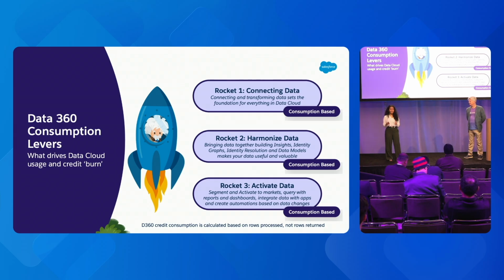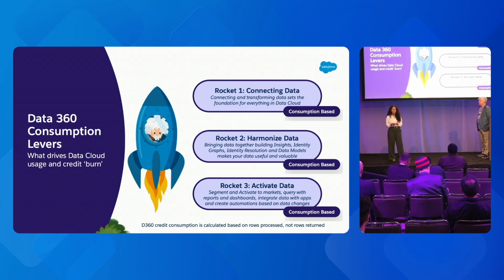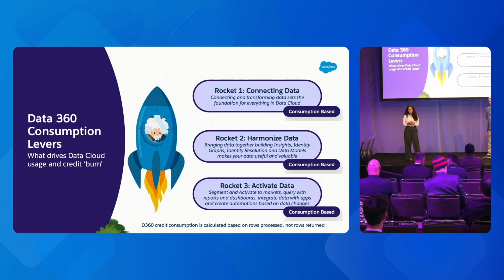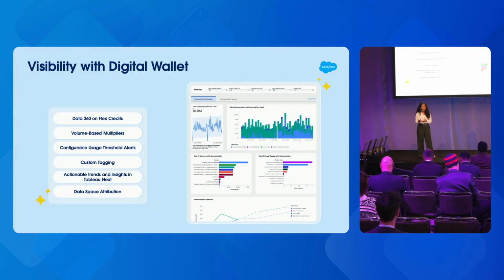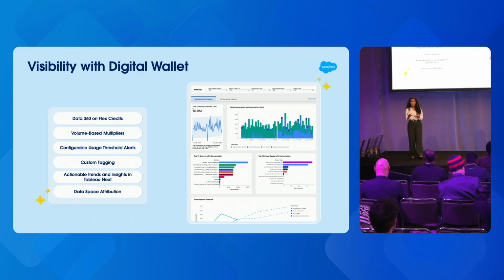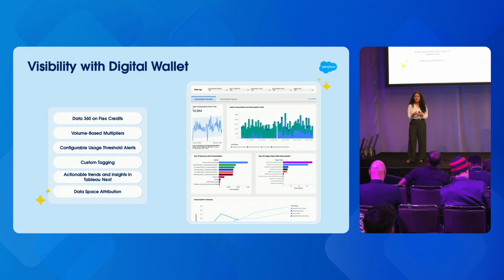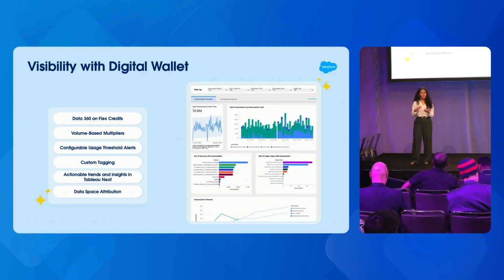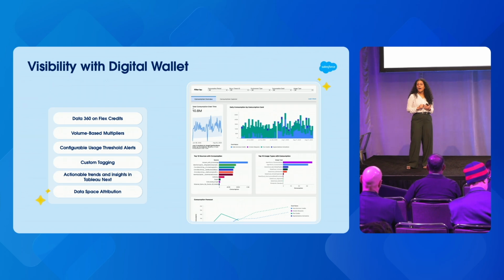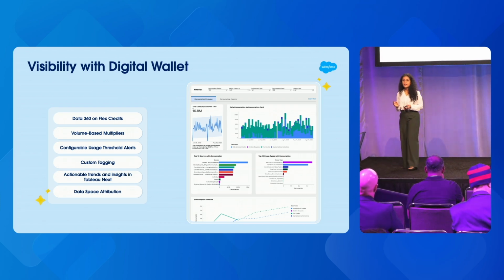So how do you fix this credit consumption issue? How do you get proper insight into the credits that you have used? The solution here would be the digital wallet. With the digital wallet, your data refreshes every 4 hours. You get insight into the credits that you have used and the credits that you're about to use. And the best part, you can set limits.